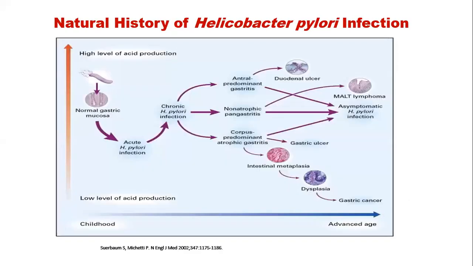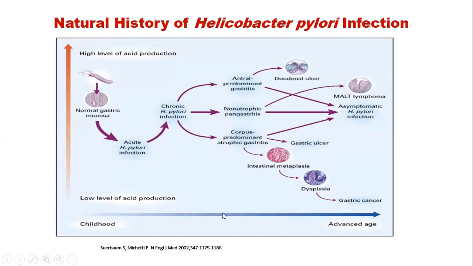So here we have the natural history of Helicobacter pylori. And I took this from an article by these two authors. So like we said, there is exposure during childhood.